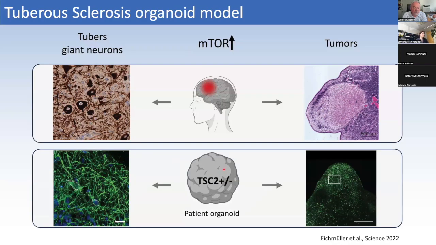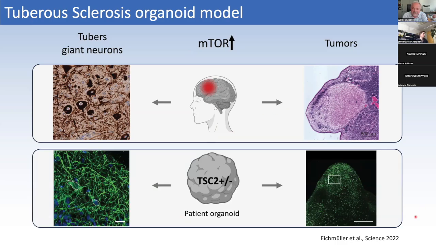We made an organoid model for TSC, and depending on the way we culture the organoids, they either form these tumors on the surface of the organoid, or they form these giant neurons inside. So we can completely recapitulate the disease phenotype.